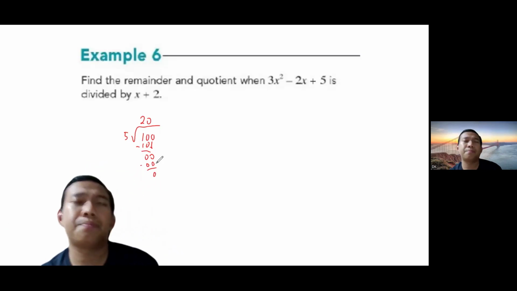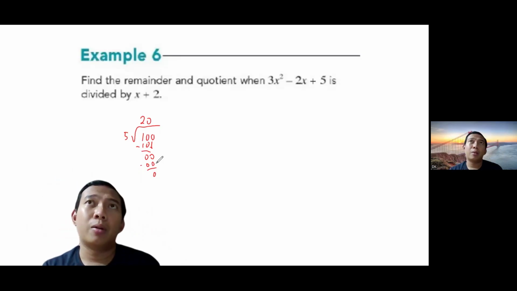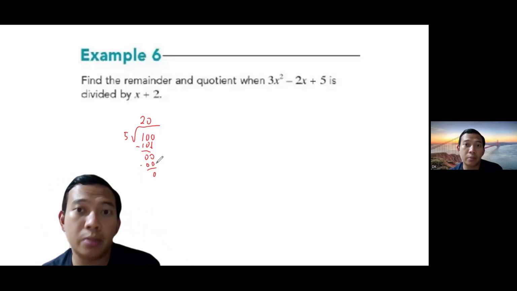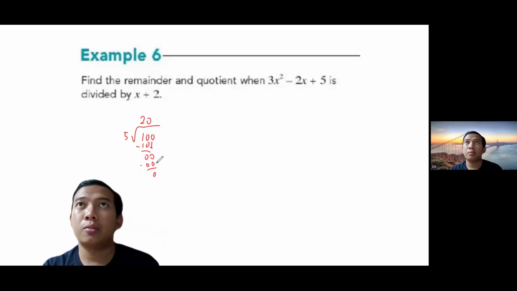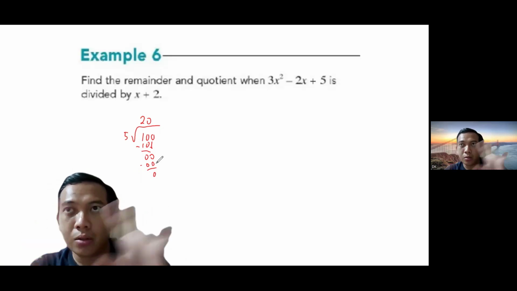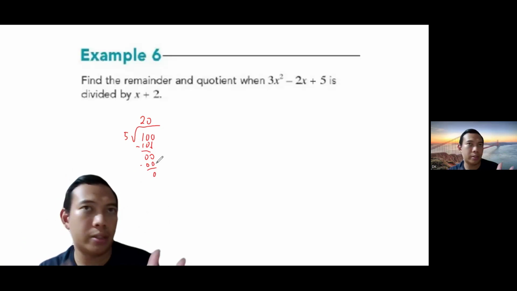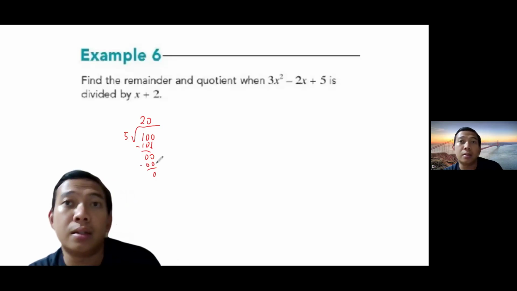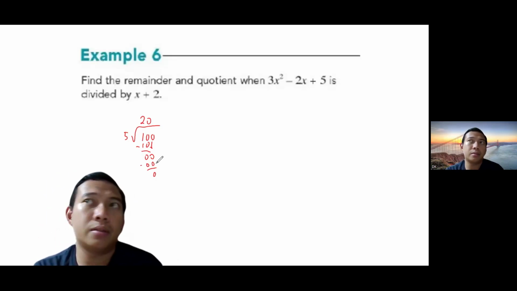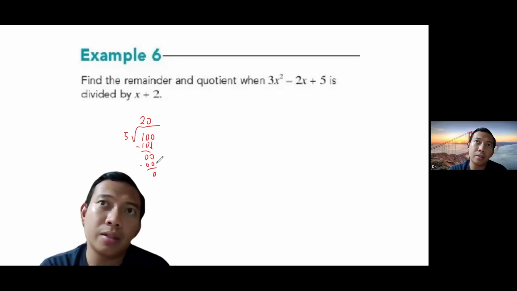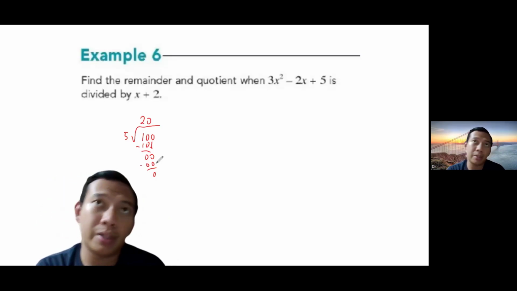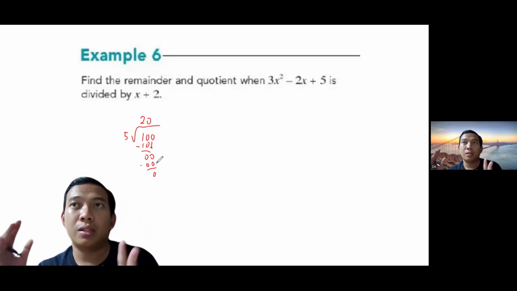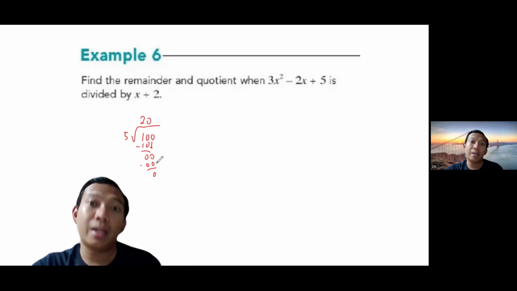This time around, it is about expanding that division into algebra, into polynomials. You are expected to know that a long polynomial, cubic, quadratic, whatsoever, can actually be divided with another expression, can be divided with a linear expression, can be divided with a quadratic expression. That's why we call it long division of a polynomial with another polynomial.